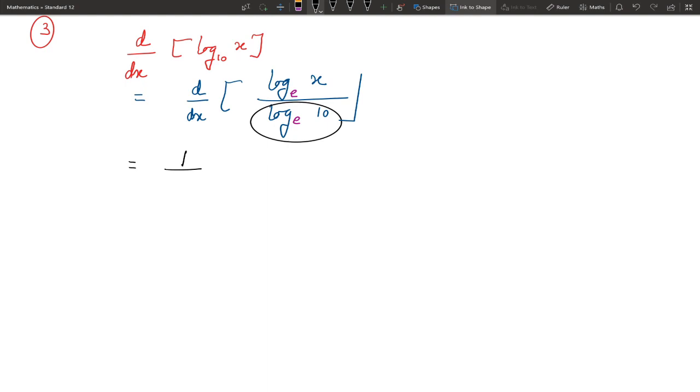You can take it outside the derivative. Now d by dx of log x, base is e, so you can differentiate it as 1 upon x. So this is the solution.